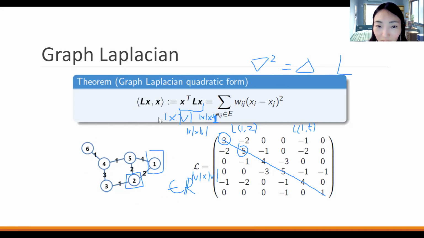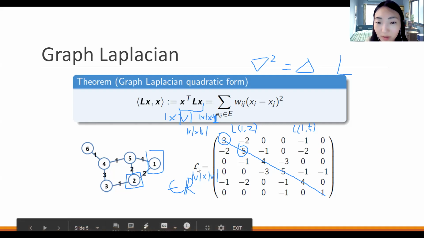And we also introduced this quadratic form, which measures the energy of all of the node values. If we wanted to distribute the values in an energy efficient way, how do we make sure that the sum of the squared differences is minimized?